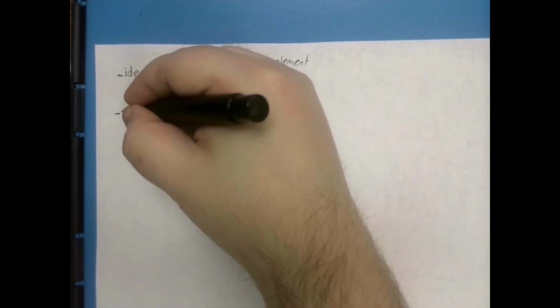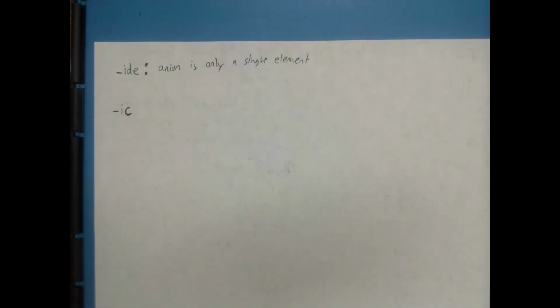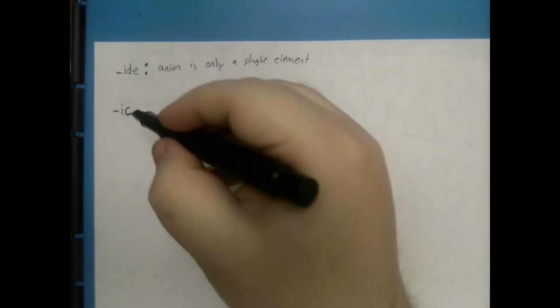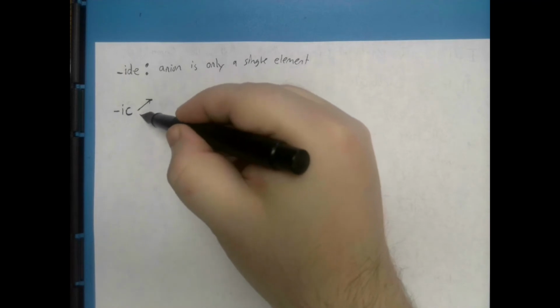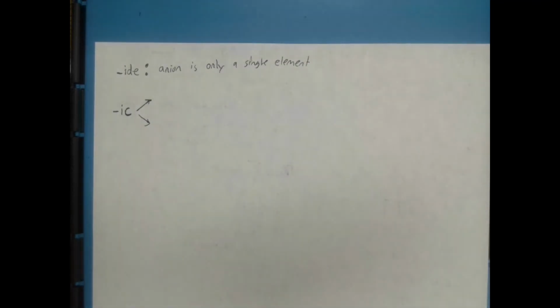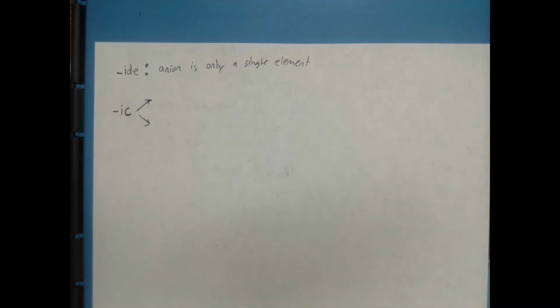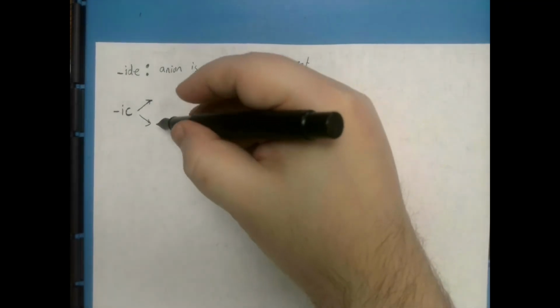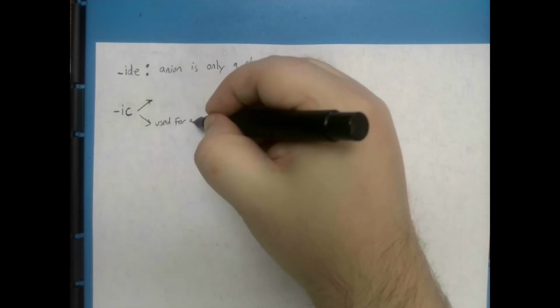When is -ic used? And this one has two choices. It's used for an acid.